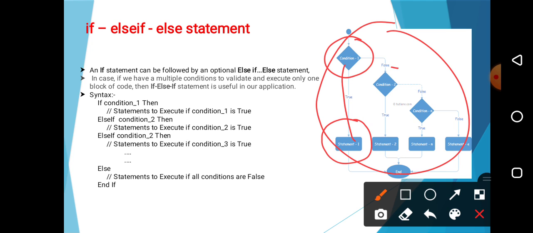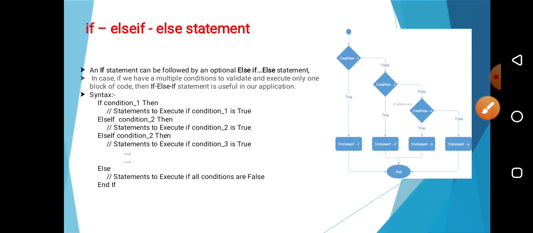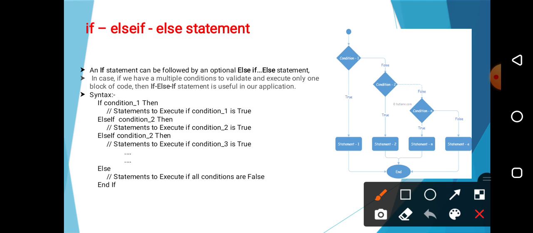If it is false, it will check condition 2, and the work related to condition 2 will get executed. If condition 2 is also false, then the next one is checked. If all are false, then the Else related part will get executed. So this is all about the If ElseIf statement.